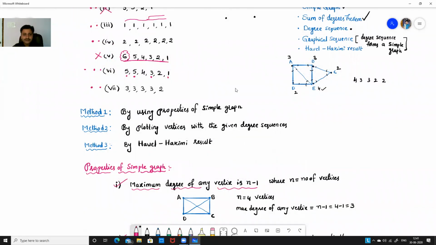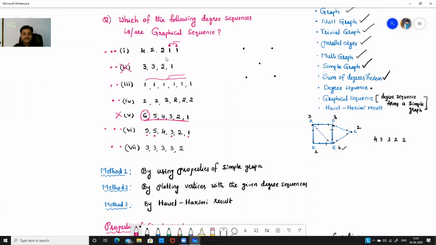Therefore, the first one is representing a graphical sequence. The second one we eliminated by using properties. Look at the third one, whether it is representing a simple graph or not. The third one is very simple, so I can draw it here. I want 6 vertices, each vertex having degree 1, so I can join like this.